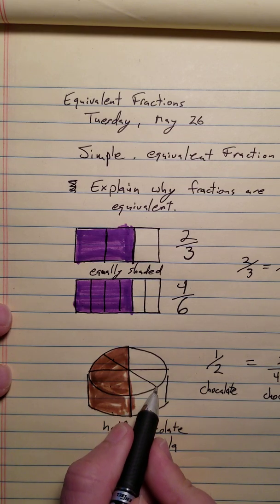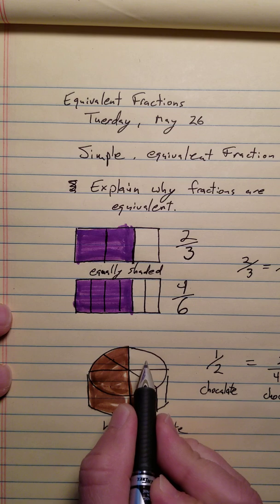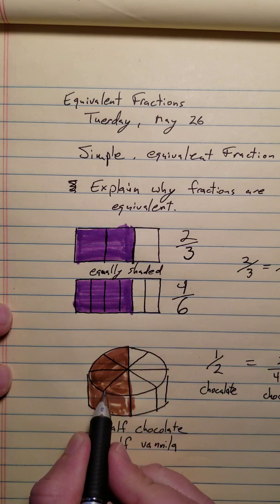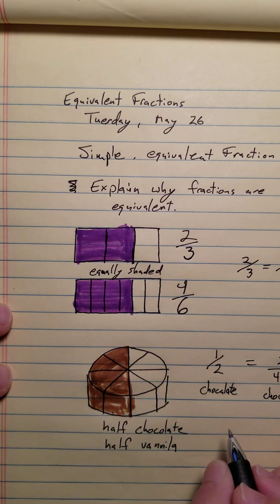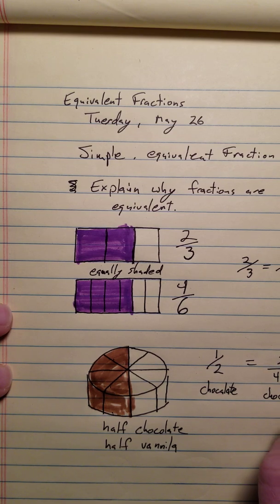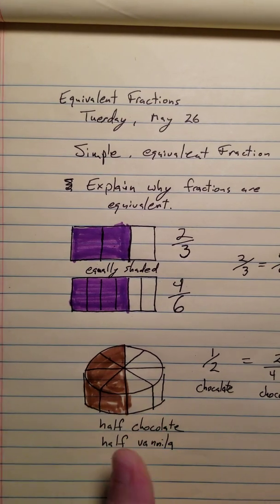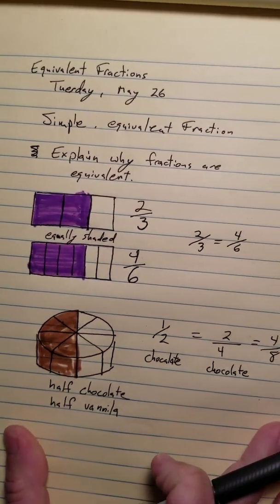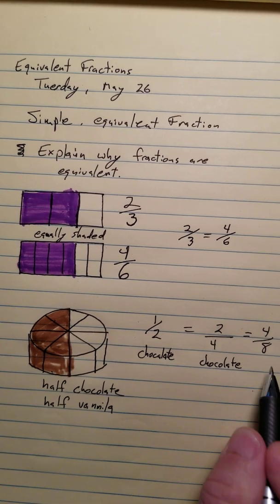If I want to divide it more, it's now also true to say that 4/8 is chocolate.